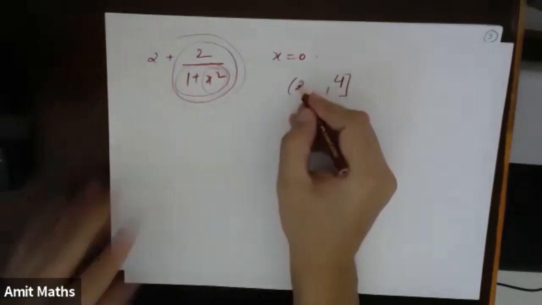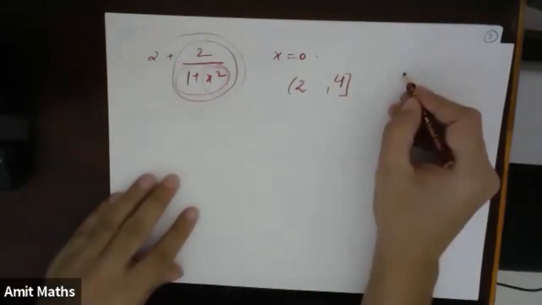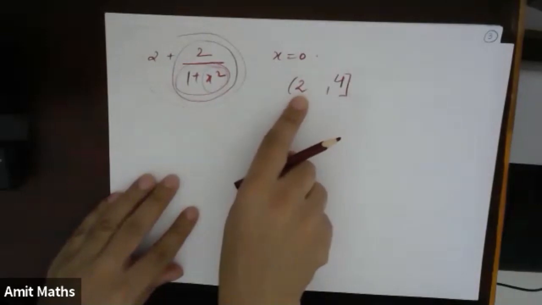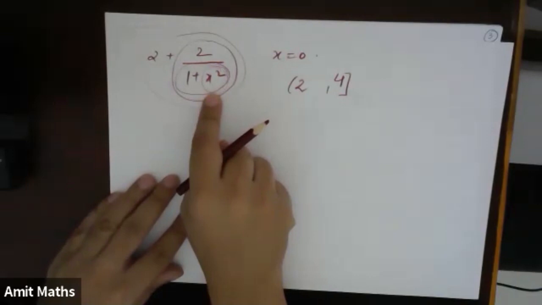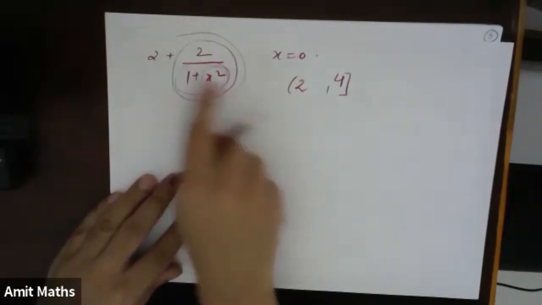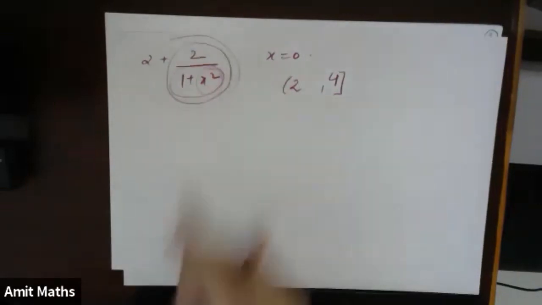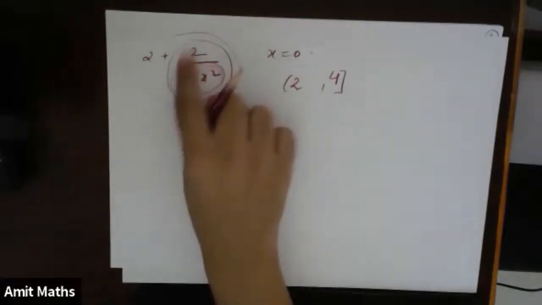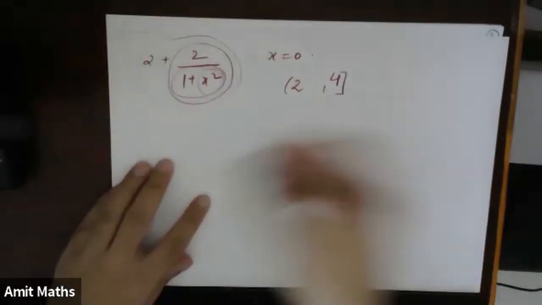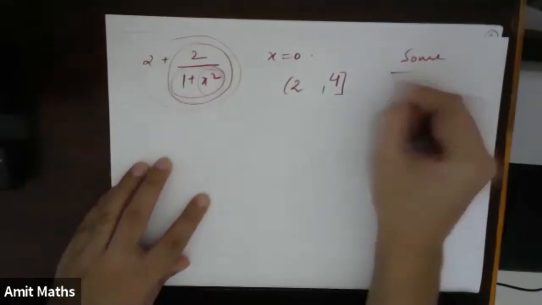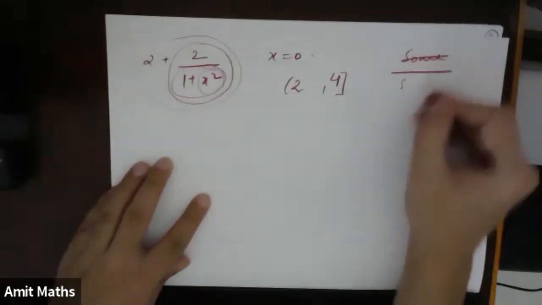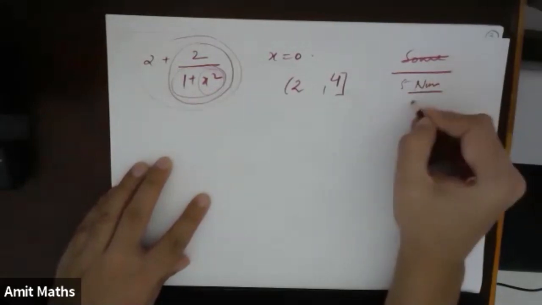Children, why will it not take the value 2? It will not take the value 2. Take any value of x, Kishore. You will never get it equal to 2. Even if you take x to be a very large value, will this be 0? The denominator will never make anything 0. Something upon something, numerator upon denominator.